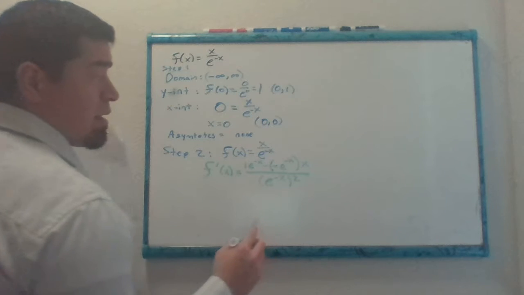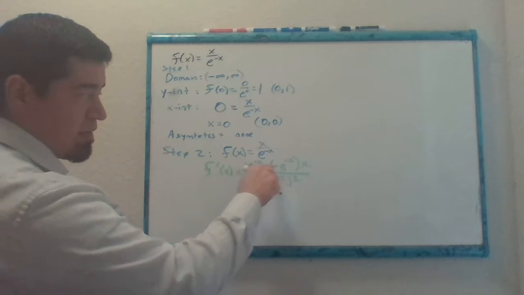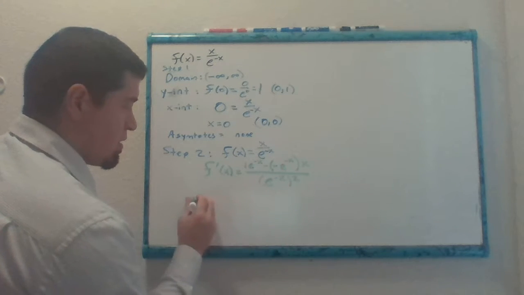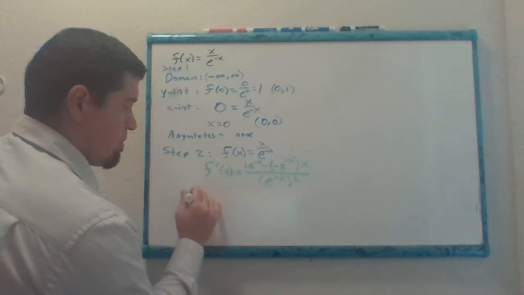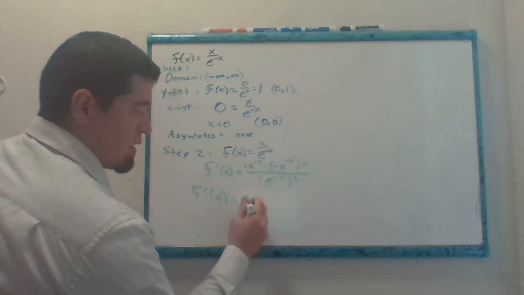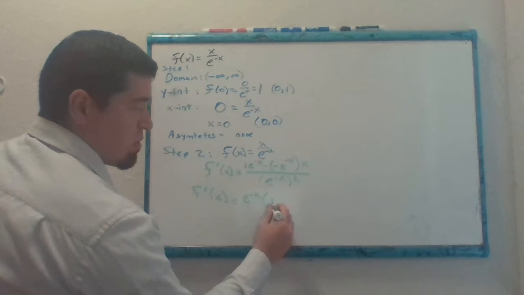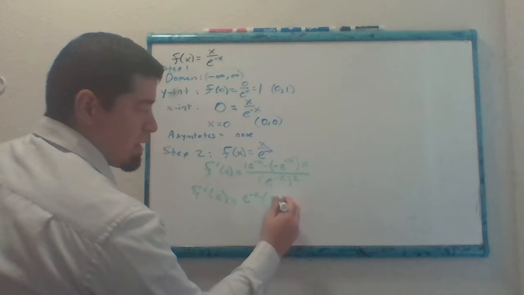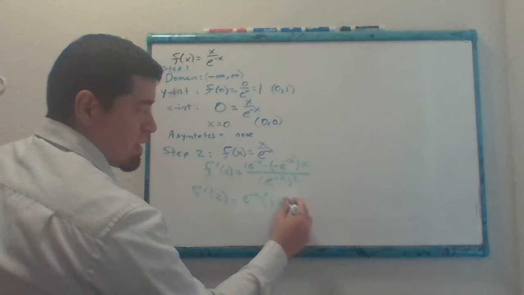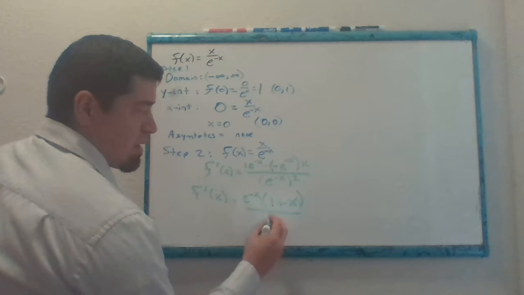From here, I can simplify this a little bit because I can factor out an e to the negative x on top. And remember, that's going to turn to plus. So if I do this, I'll end up with f prime of x equals e to the negative x, which leaves me with 1 right here. Remember, this is going to be a plus. If I factor out e to the negative x, I'm left with x over e to the negative x squared.